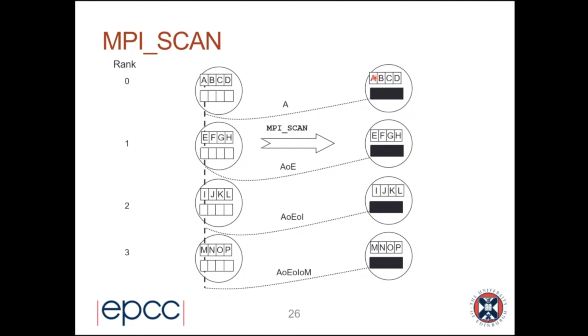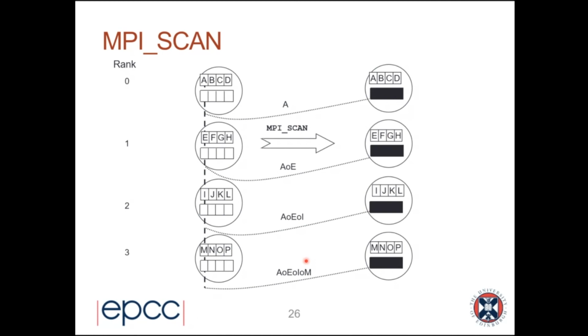So the first is set to A, the next is A plus E, then A plus E plus I, and then A plus E plus I plus M. It's a partial operation: the result on process i is computed from all the inputs from the processes up to i. This can be useful sometimes.